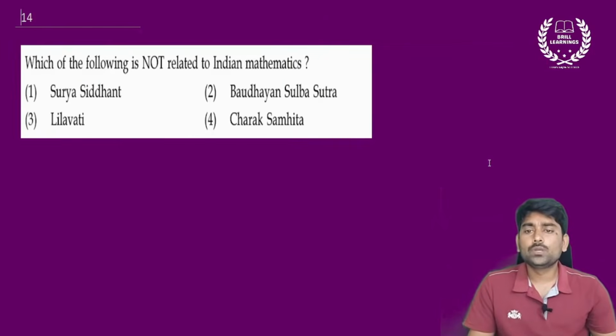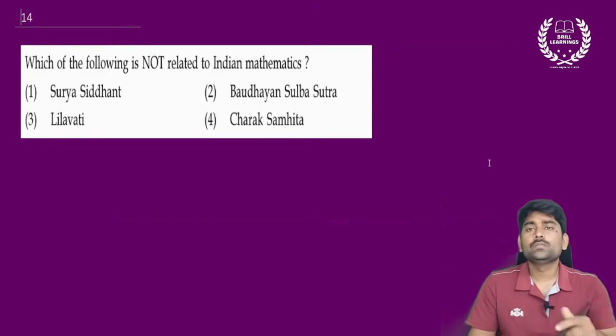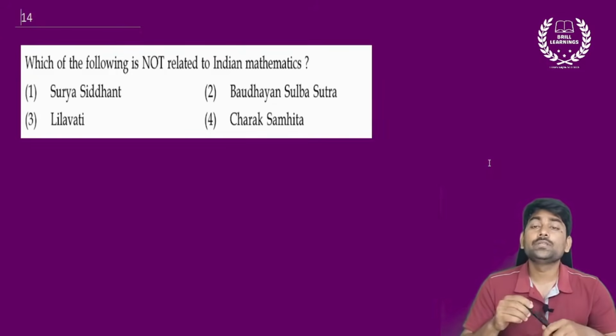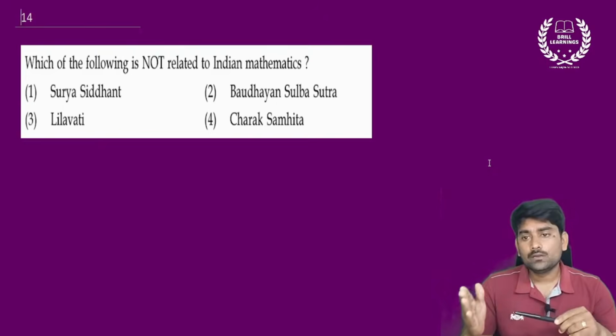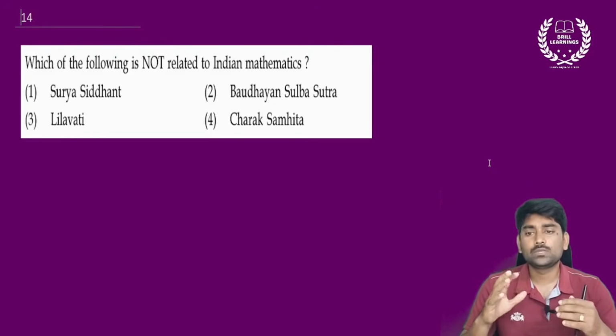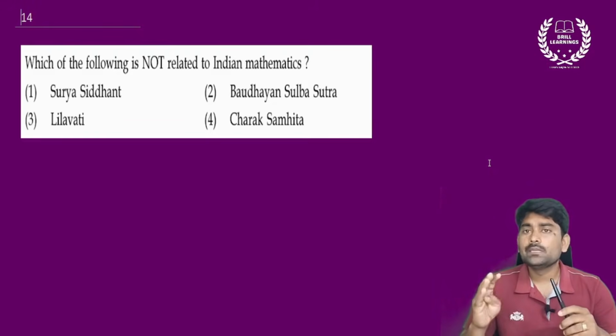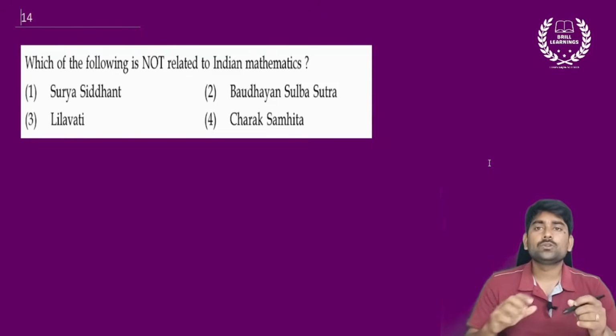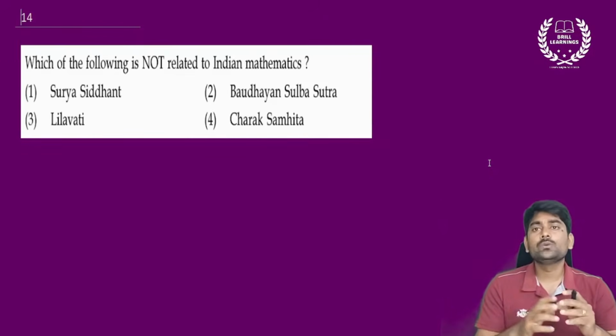Which of the following is not related to Indian mathematics? Okay, first, Surya Siddhanta. Surya Siddhanta is an ancient Indian astronomical treatise. It is a treatise, not a text. Treatise means it has the detailed insights of great scholars. Astronomical mathematical calculations are included in that book.